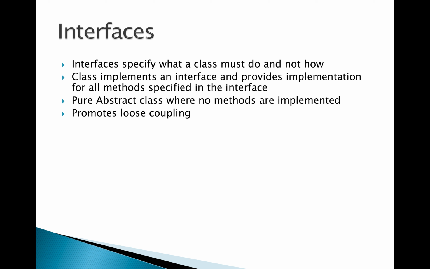Interface promotes loose coupling. What we mean by loose coupling is that the consumer and the provider are not tightly coupled. In this sense, I go with the contract. Whatever contract is specified, I go with the contract as a consumer. The provider also says I go with the contract. Whatever is specified in the contract, I am just implementing it.